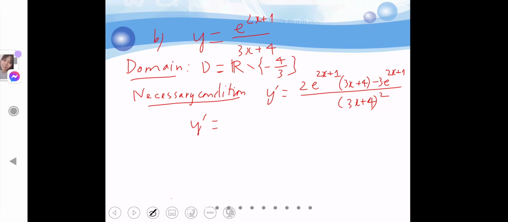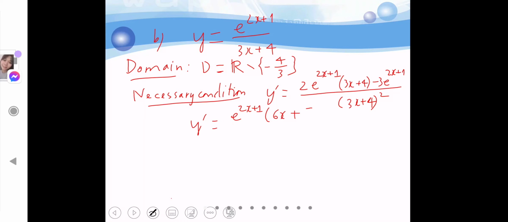And y prime equal, we take e power 2x plus 1 times (6x plus 8 minus 3), equal what number?